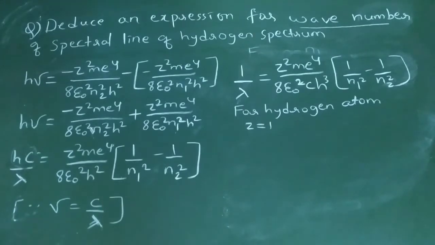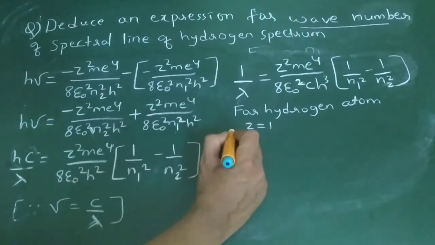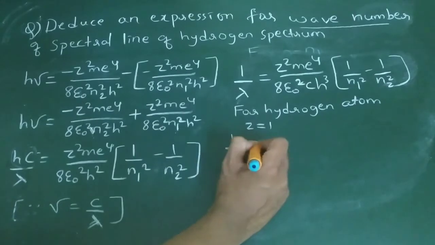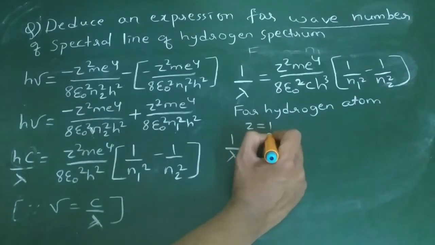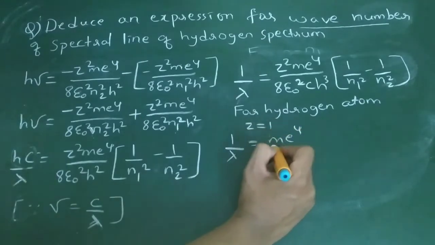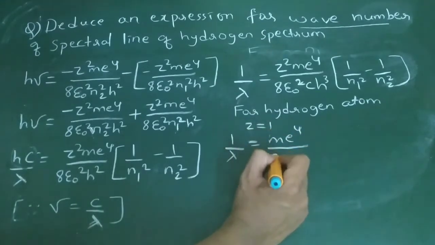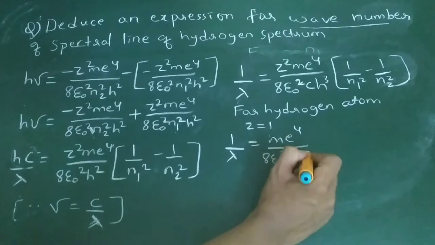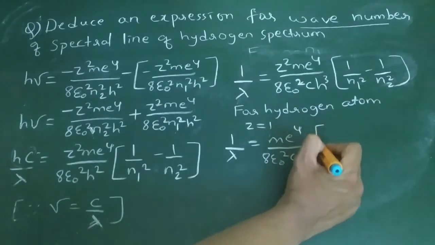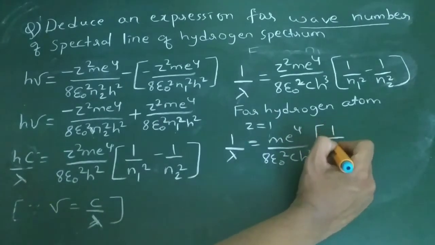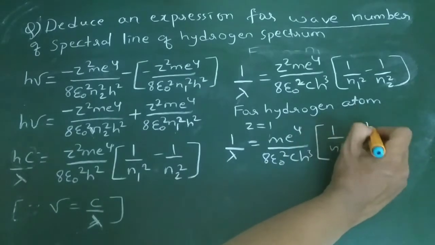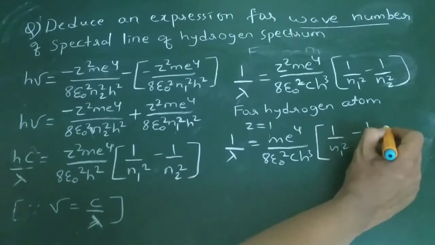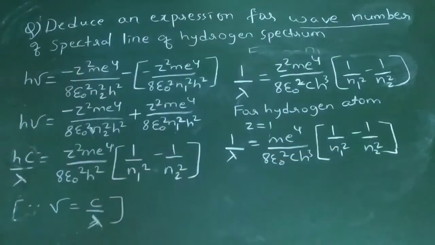So I can write 1 by lambda will be equal to, Z is equal to 1 means you will get just m e to the power of 4 divided by 8 epsilon naught square c into h cube, into 1 by n1 square minus 1 divided by n2 square. Are you getting that?